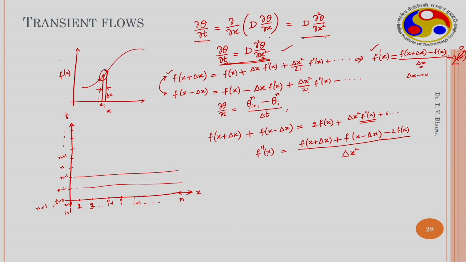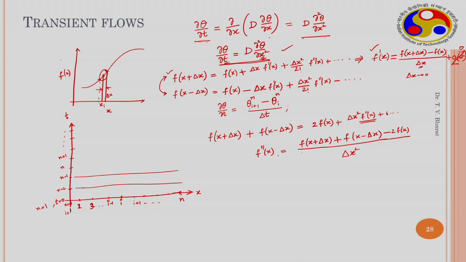This is called central difference and this is called forward differencing, etc. But I am not discussing the details of what is central difference, etc. Central difference, higher order terms, the second order approximation, these things need not be discussed here.